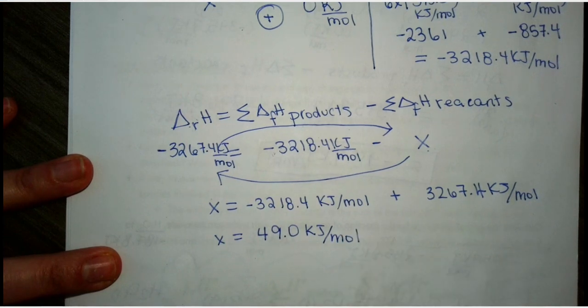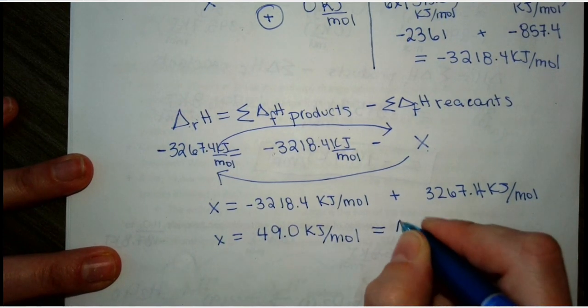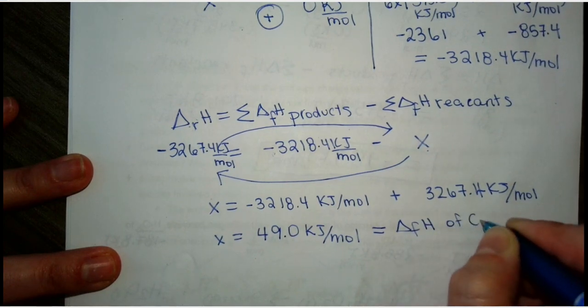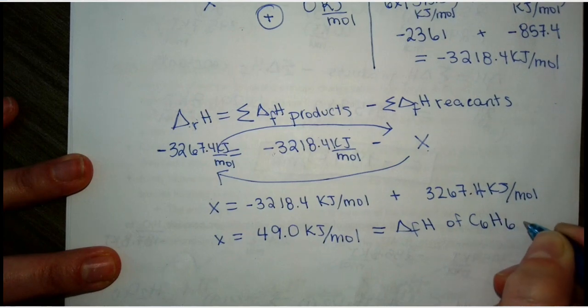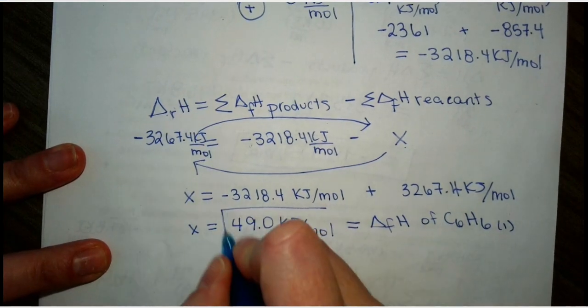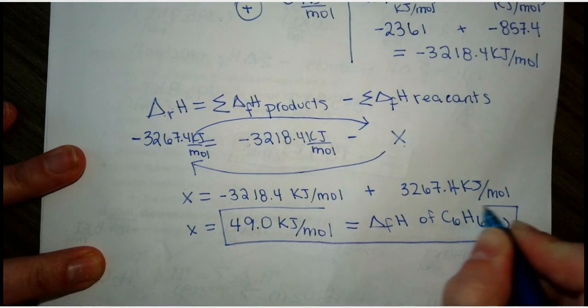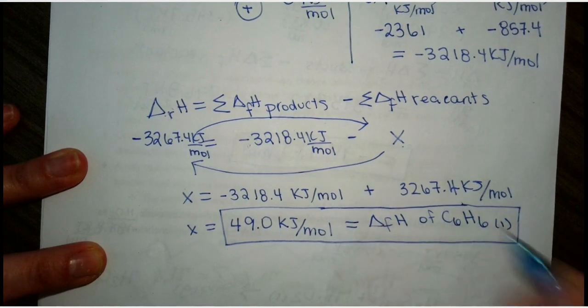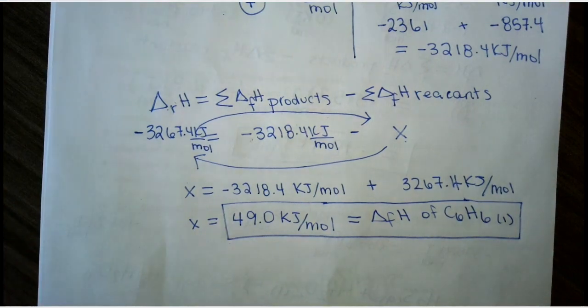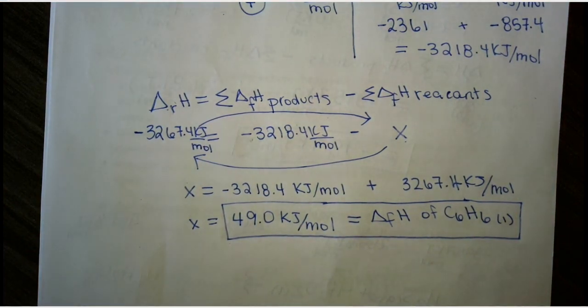And as a reminder, our X was the delta H of formation of benzene, C6H6, and benzene's a liquid. So this is my final answer. Positive 49.0 kilojoules per mole is the delta H of formation for benzene.